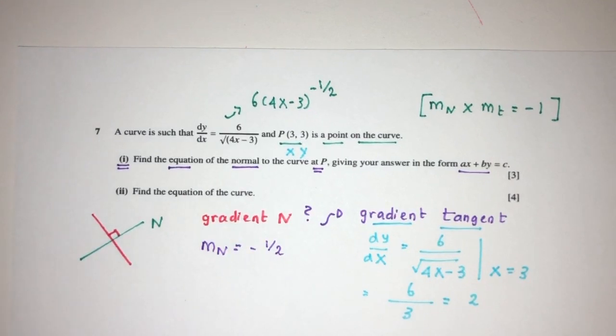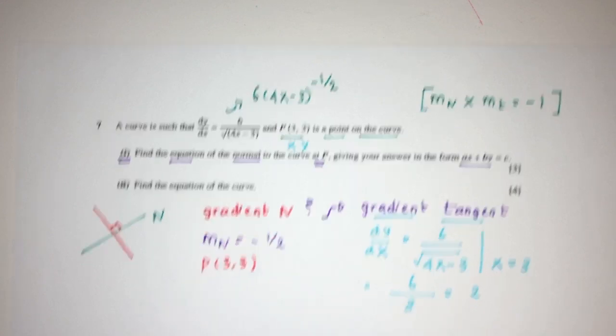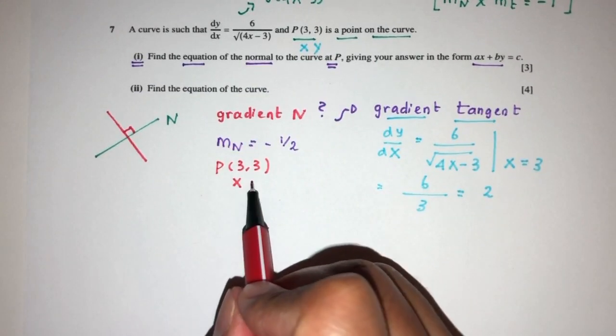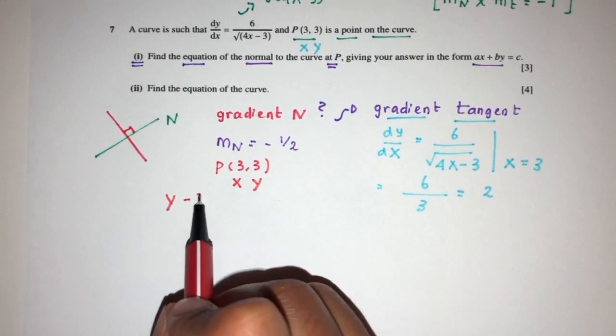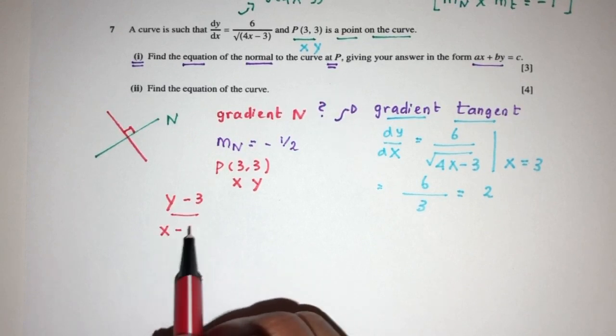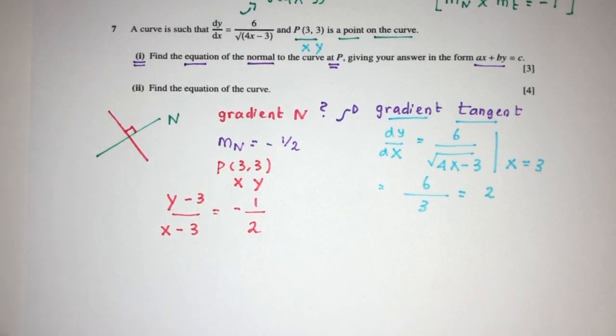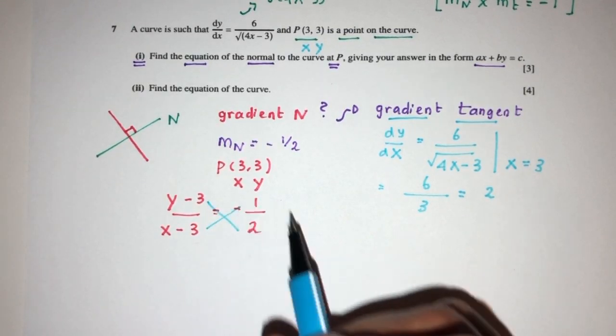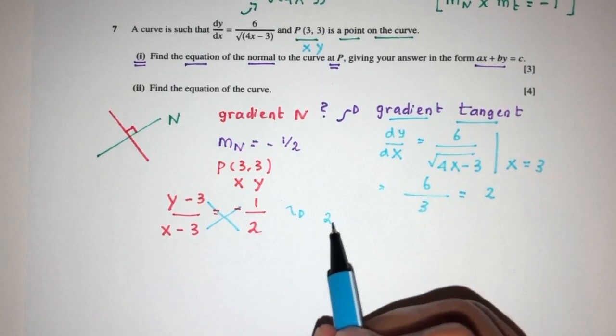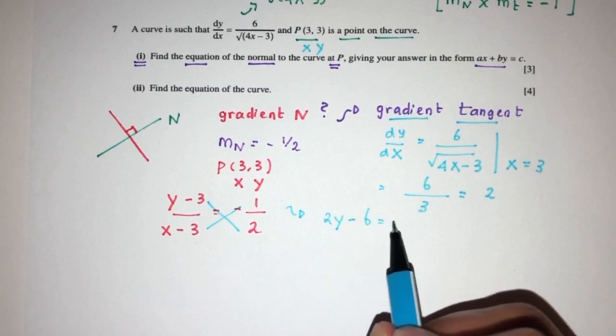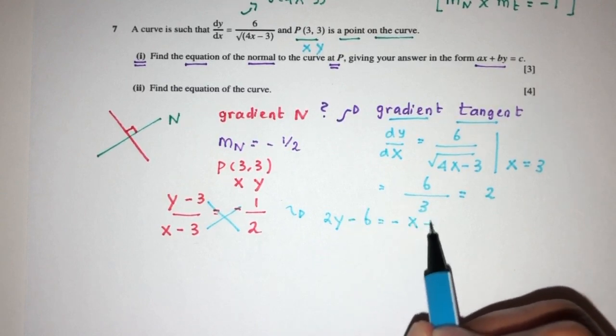Now we have the gradient, we have the passing point P. We can find the equation. This is my x value and the y value. So y minus 3 over x minus 3 has to be minus half. Now we have to cross multiply to see what happens. That will be 2y minus 6 equals minus x plus 3.